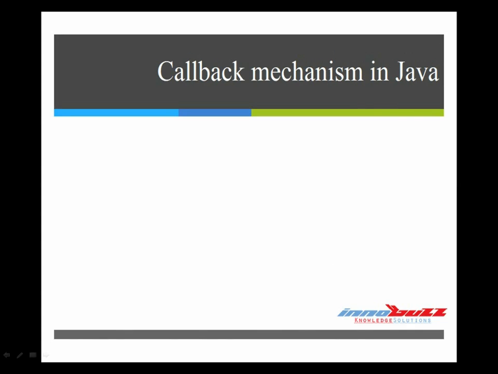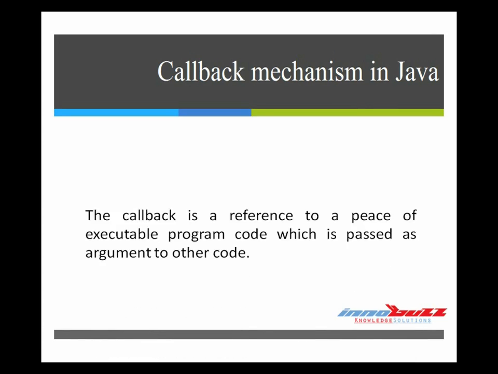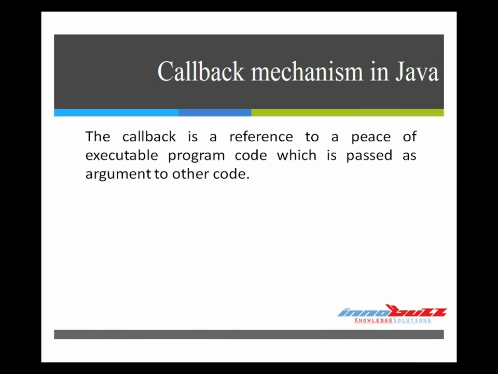Callback mechanism in Java. The callback is a reference to a piece of executable program code which is passed as an argument to other code. In other words, a callback is a mechanism by which the user's action on a software application's GUI is connected to the code implementing the application's response to this action.